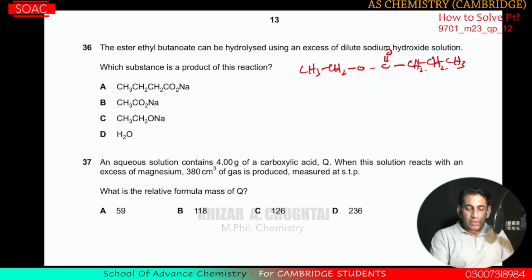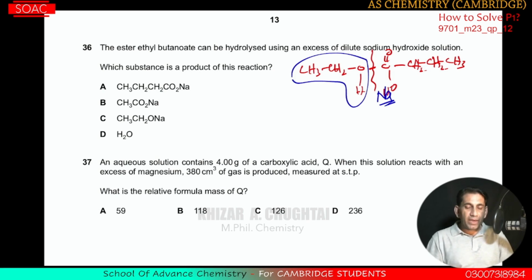If I hydrolyze this, this linkage is broken down, with OH over here and H over here. As we are using sodium hydroxide, there will be the formation of a salt, ONa, and this portion will remain unchanged. So we are going to have this compound plus this one.